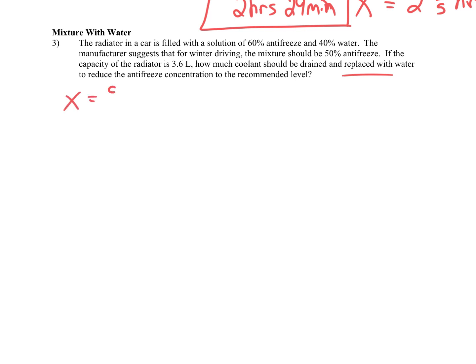It's the amount of antifreeze drained and replaced, and it's replaced with water. Right, because if it's a 60-40 and you want to make it 50-50, you have to take some of that out and then add in water to make it 50% water.